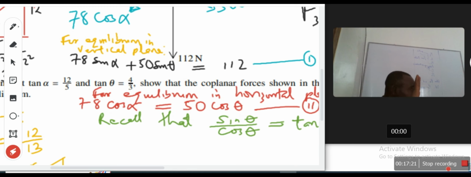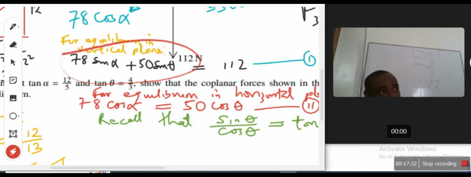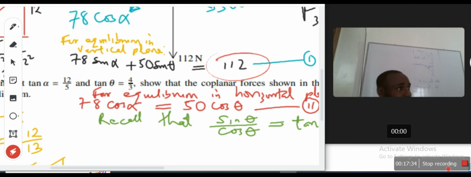So it's proven. Did you get that? Once what is on the left is equal to what is on the right, it's proven. For equation 2 also, and for equation 1, if what is on the left is equal to what is on the right, it is proven. Are we all here? Substitute these values into that, you see. The first one is correct.